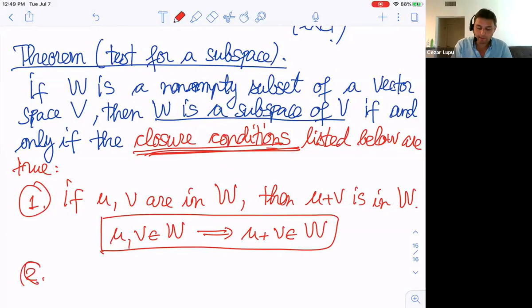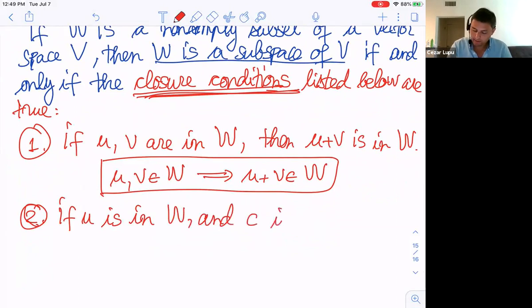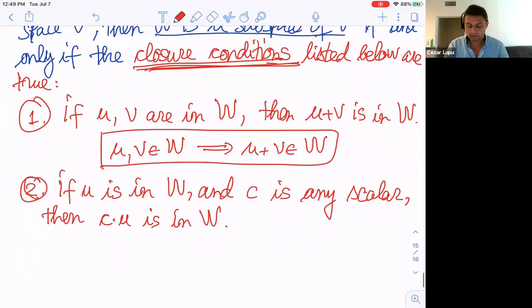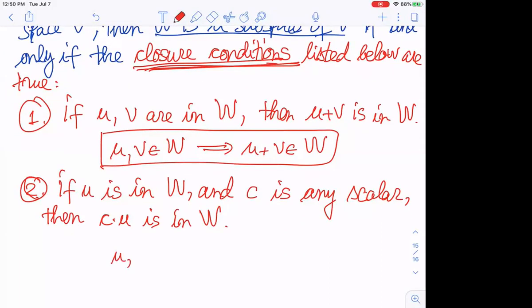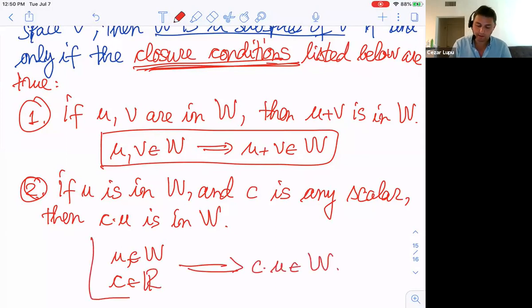And the second one is the following: if u is in W and c is any scalar, then c times u is in W. In other words, u belongs to W, c is a real number, then this implies that c times u is in W. So that's the second condition.